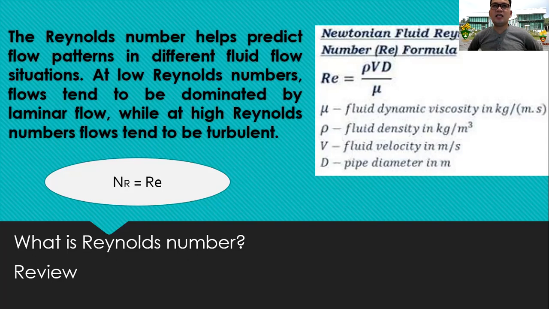And then how to get the Reynolds number in a Newtonian fluid equation. The Reynolds number, as I have mentioned from the previous slide, RE, is the same as NR, the Reynolds number still. As I have mentioned, the viscosity, or mu, is the fluid dynamic viscosity of the material in kilogram per meter second.